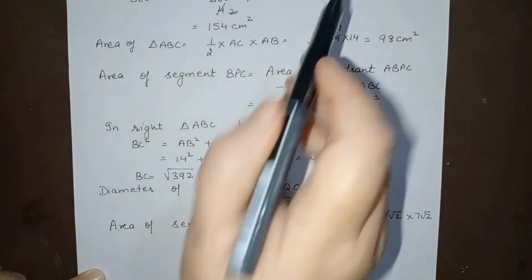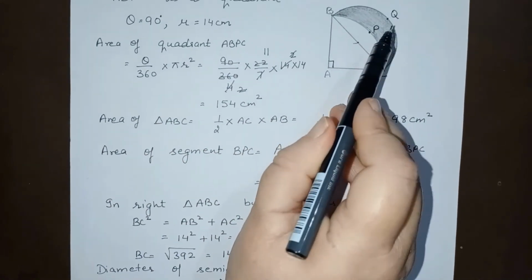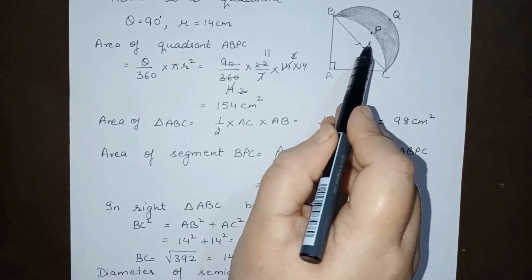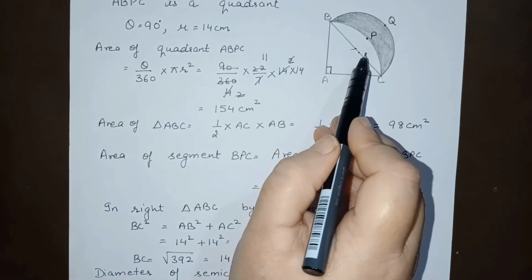Now we have to find the area of shaded region. That will be equal to area of semicircle minus area of segment.